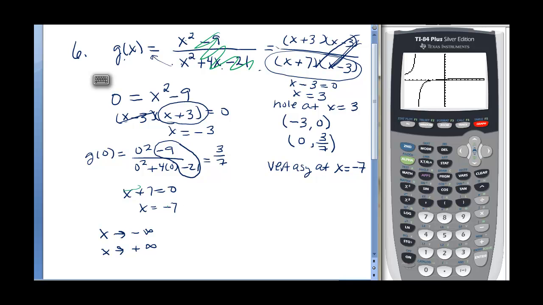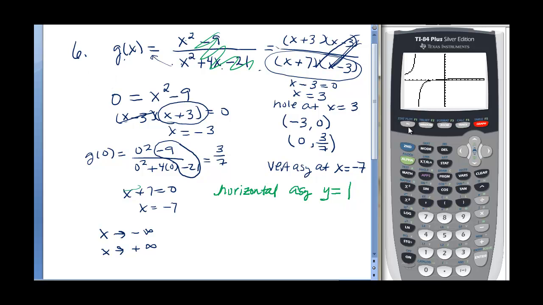And so this graph becomes closer and closer to 1 as x gets very large and very small. So this is what I would determine to be my horizontal asymptote. My horizontal asymptote is going to be y is equal to 1.